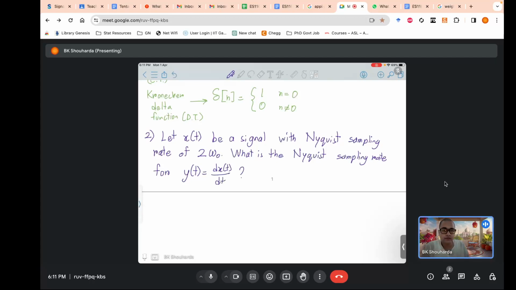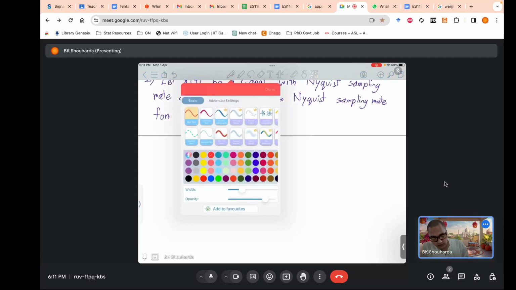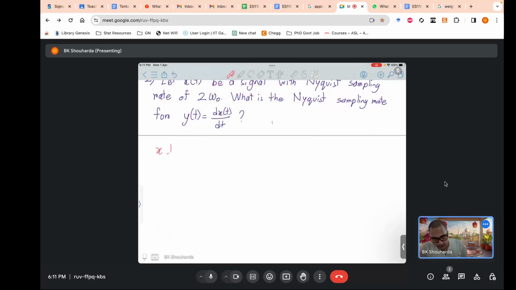Alright, so before we get to solve this, I shall briefly discuss the Nyquist sampling theorem. Okay, so let us consider signal x(t), which is continuous time in nature and band limited.